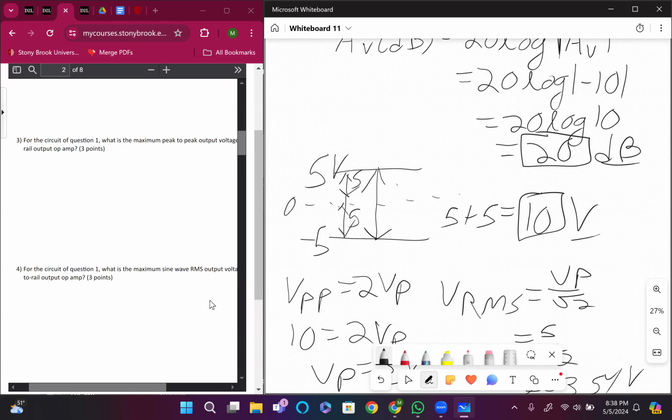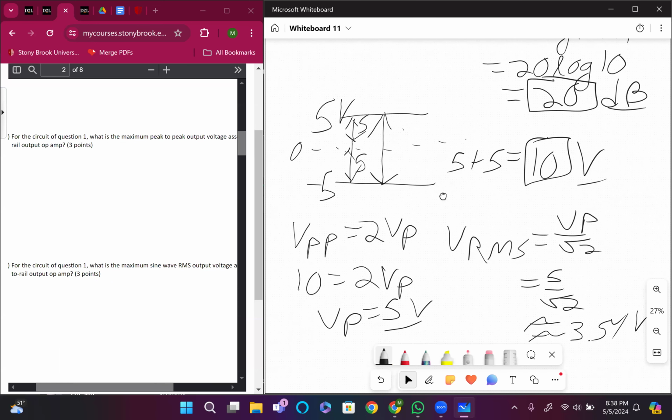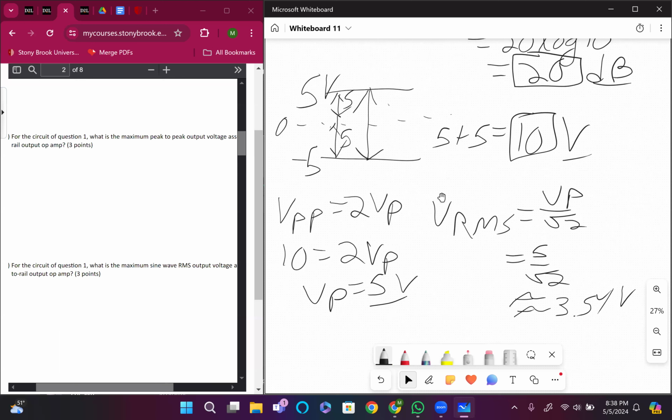Then there are 2 formulas we can use for the fourth question to find the RMS output. Firstly, VPP is equal to 2VP. Secondly, VRMS is equal to VP over root 2, which means VRMS is VPP over 2 root 2.